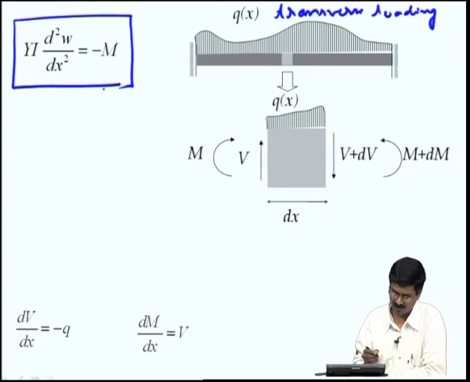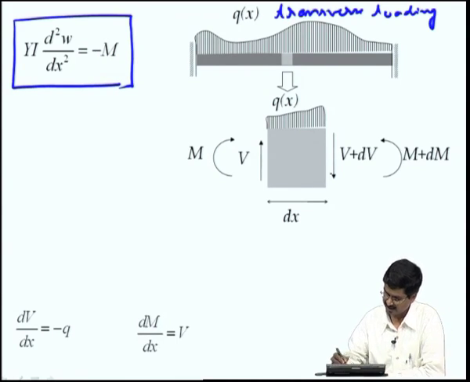If you recall, Y was Young's modulus, I is the moment of inertia, W is the transverse displacement, and M is the bending moment. The negative sign is because of the sign convention that we have taken, where a moment on the left side is positive.